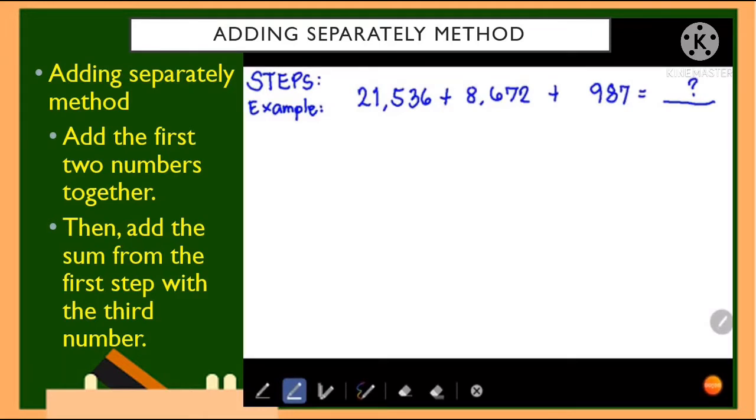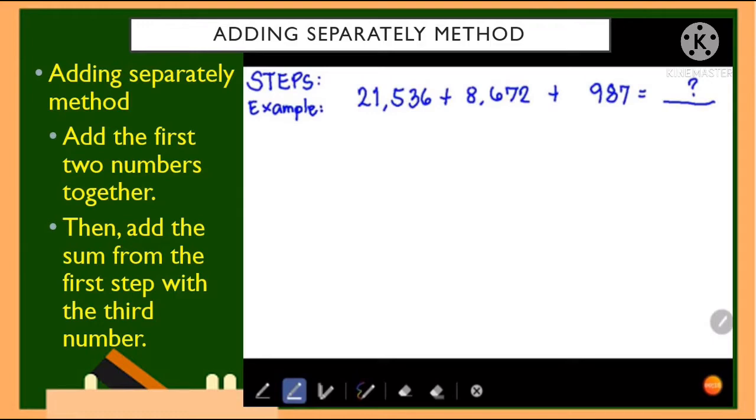These are the steps on how to do the adding separately method. The first step is to add the first two numbers.